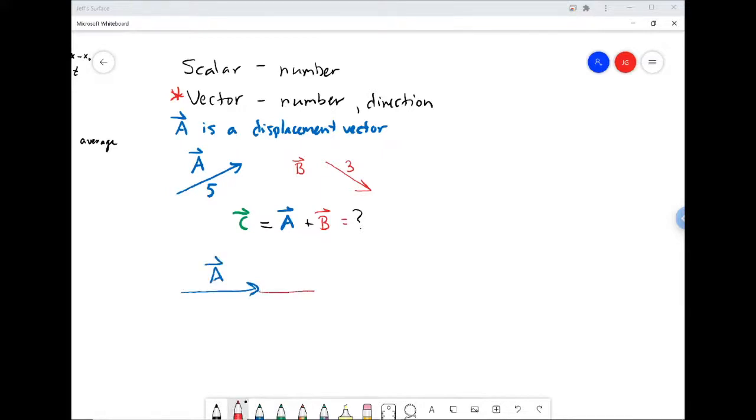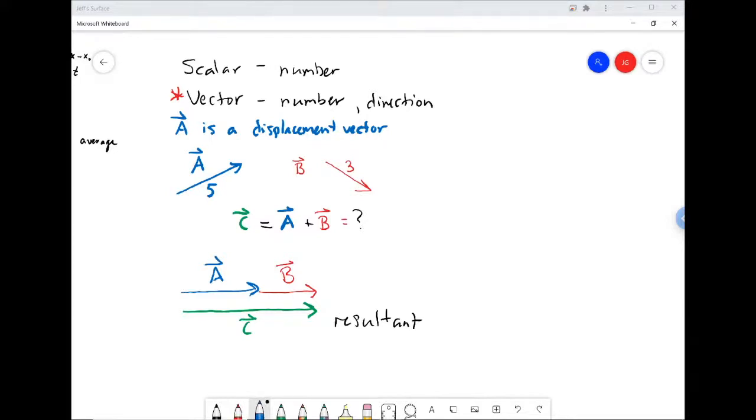So A and B both point in the same direction, and C would look like this. We call C a resultant. It's the sum of two vectors. So graphically, the way you add vectors is tip to tail, just like I've drawn it there.